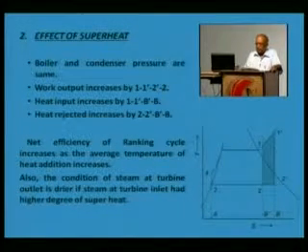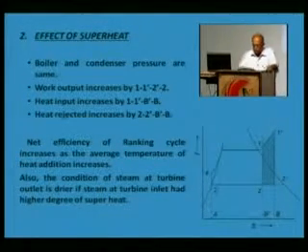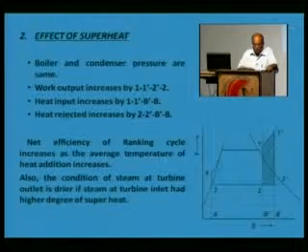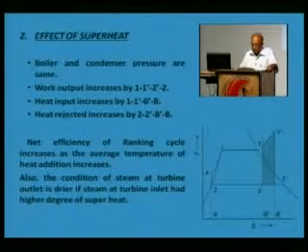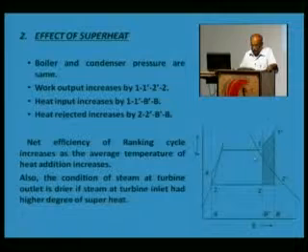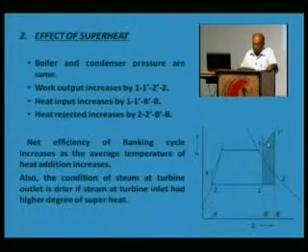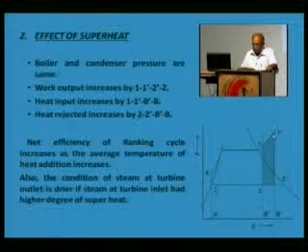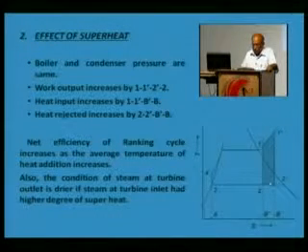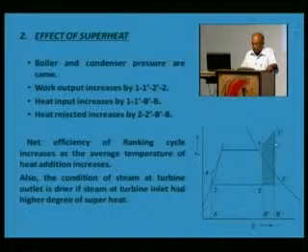Another parameter is the effect of superheat. If the degree of superheat of the steam is increased as shown here, initially it was 1 2, and if the steam is heated from 1 to 1 dash, there is a net gain in work as shown by the hatched area here.